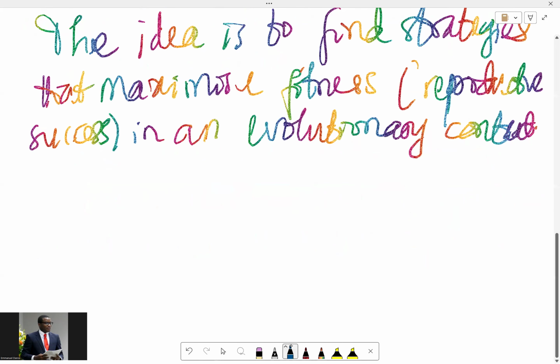Now let's look at the ideas associated with this. First of all, we have the idea of the payoff matrix.